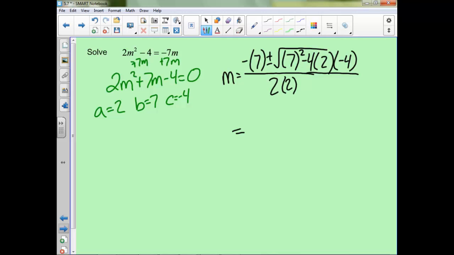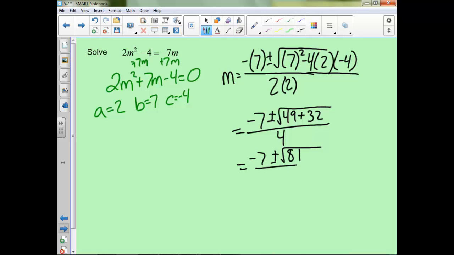So simplifying this, we'll get -7 plus or minus, and -4 times 2 is -8. -8 times 4 is positive 32, all over 4. 49 plus 32 is 81. Square root of 81 is 9.